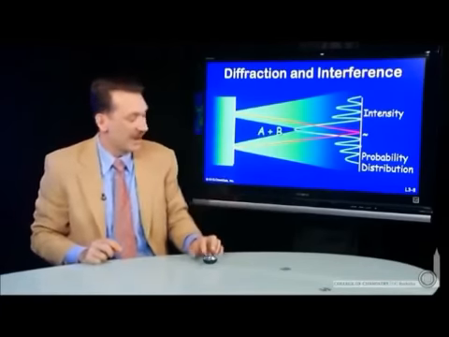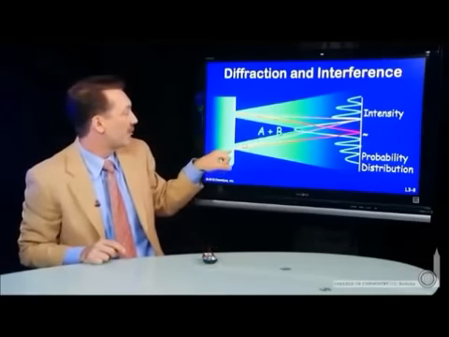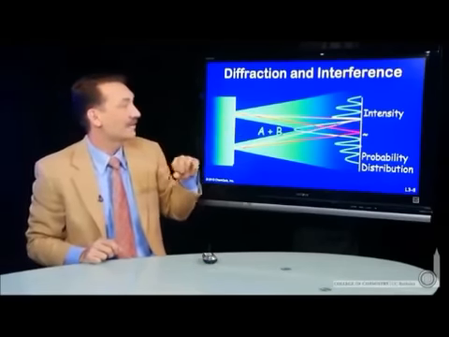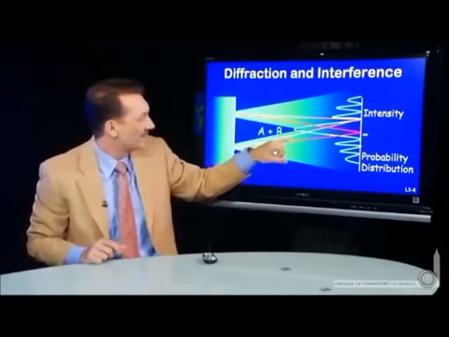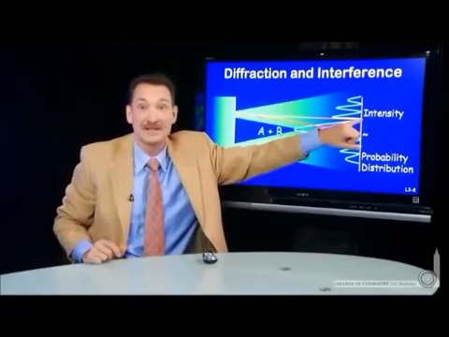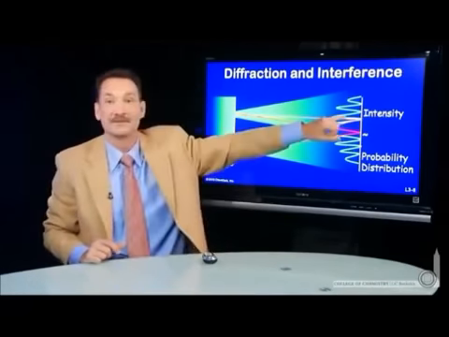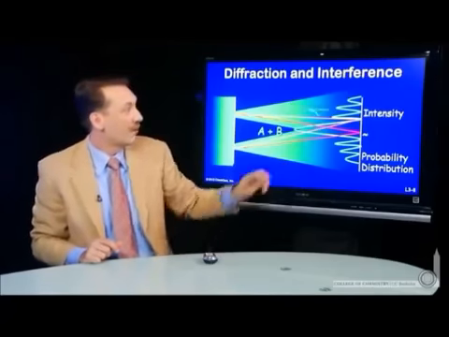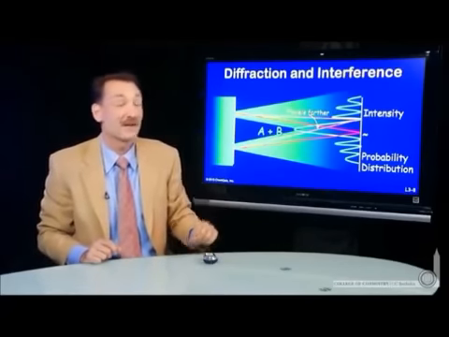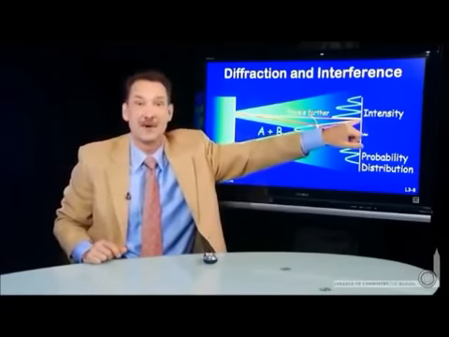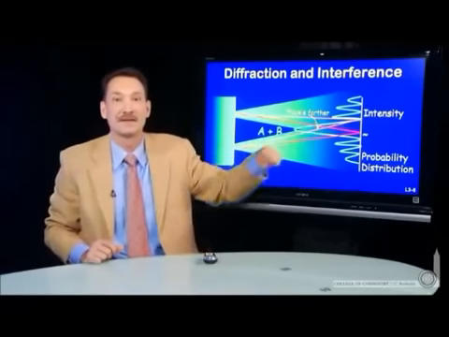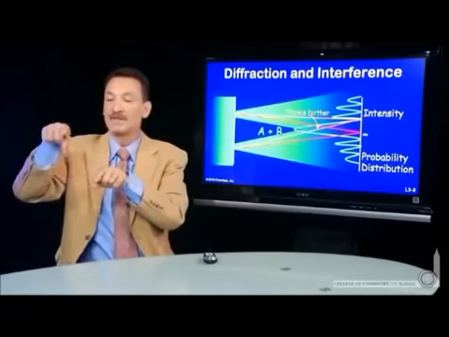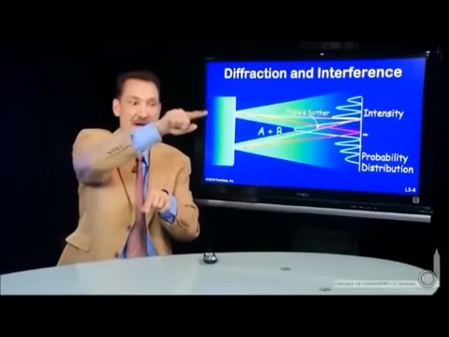Now, what about a dim spot up here? Well, if you think about a wave traveling from this slit and a wave traveling from this slit, this wave now has a longer distance to travel than this wave. So the one that has the farther path is going to be out of phase somewhat with the one that has the shorter path. So think about that. One wave travels up, down, up, down, up.